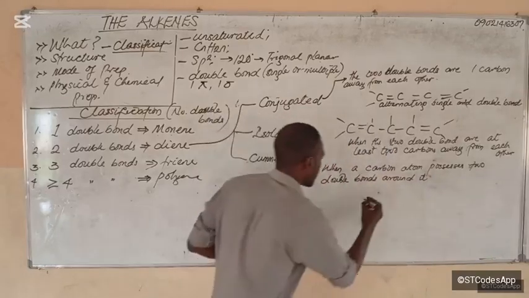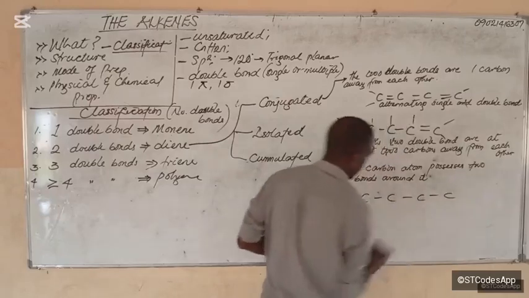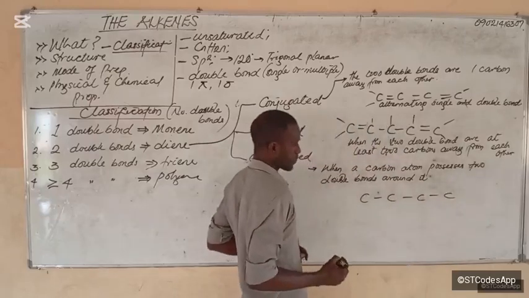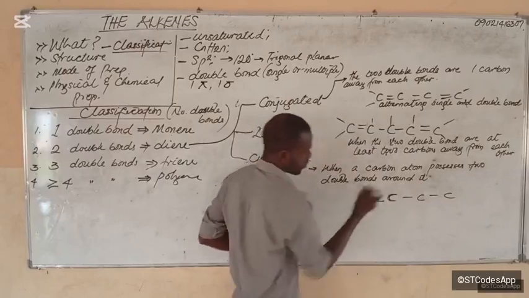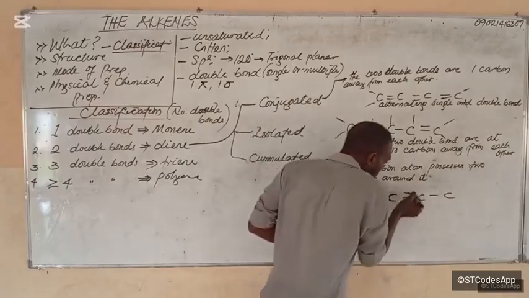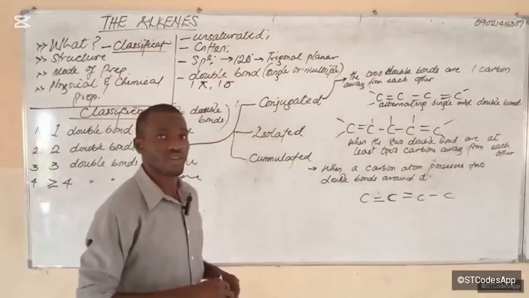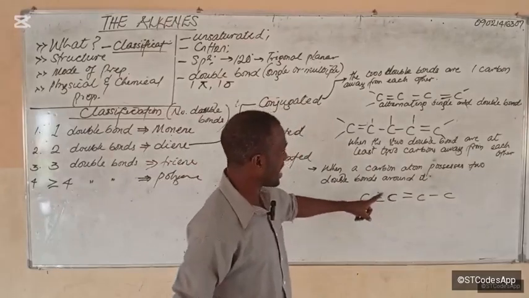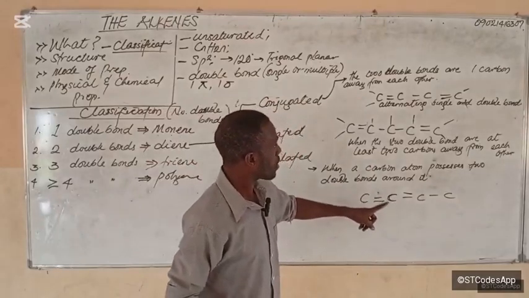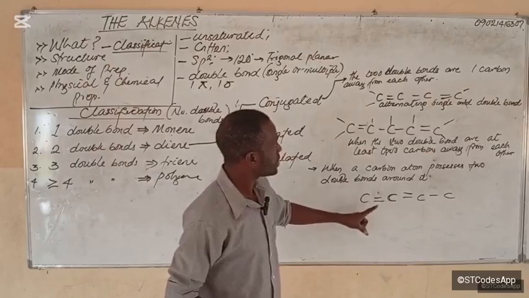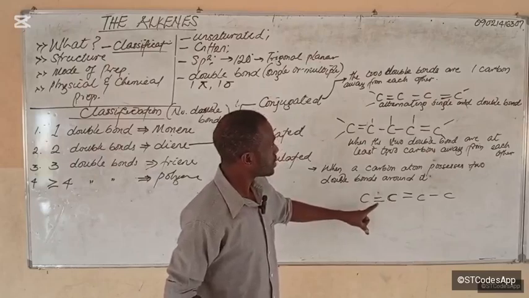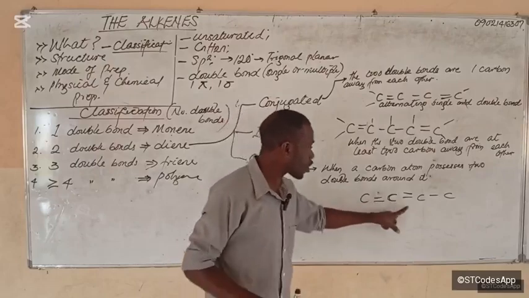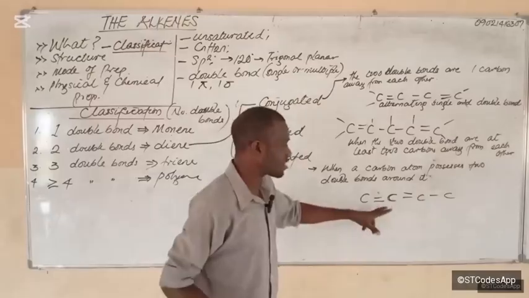What does that mean? If I have something like this, look at my carbon skeleton now. I put my first double bond here, and immediately I put my second double bond. Then this is cumulated.